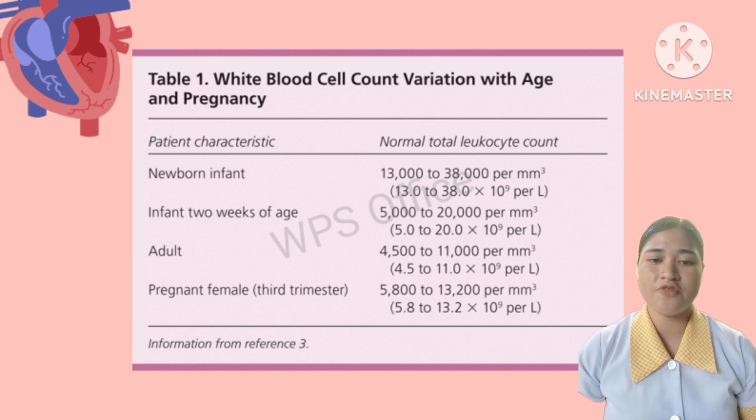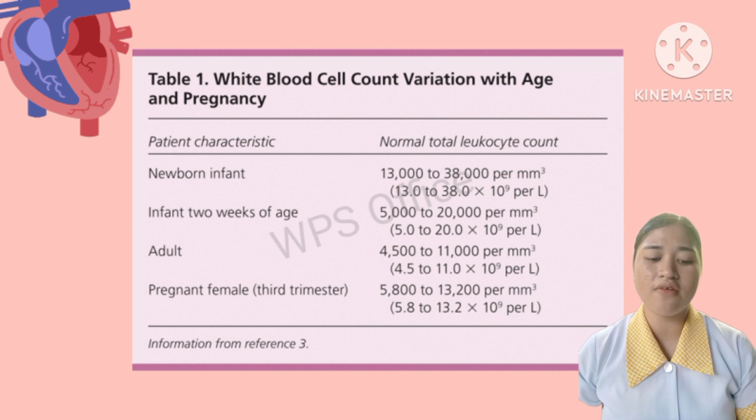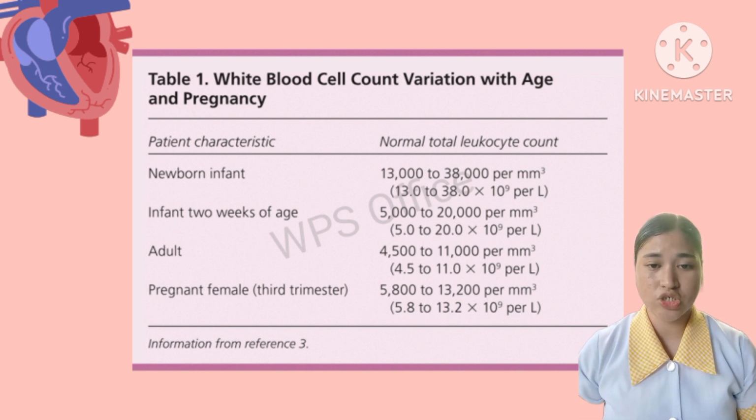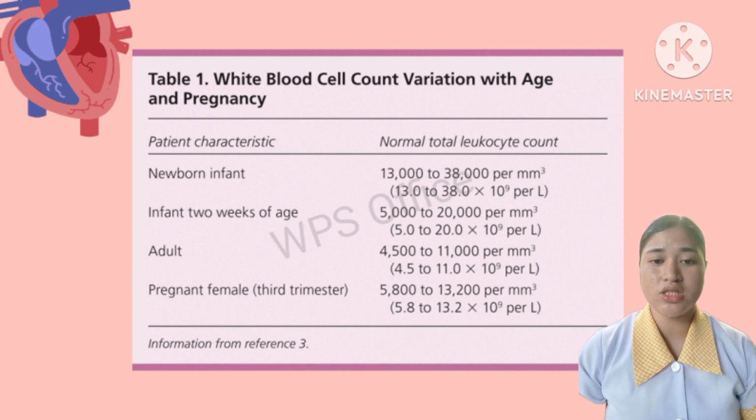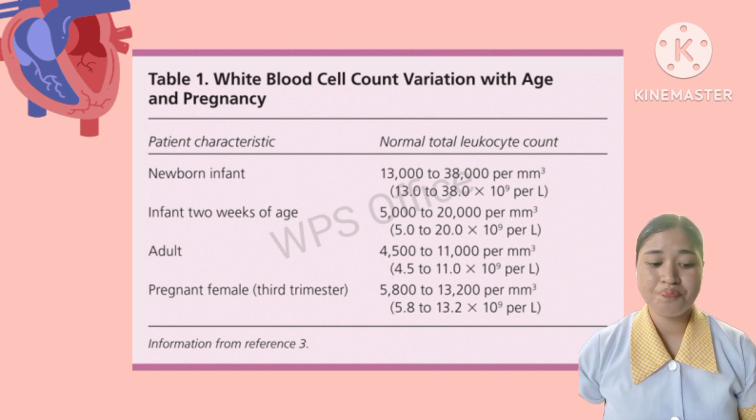In a newborn infant, the normal total leukocyte count is 13,000 to 38,000 per cubic millimeter. Why? Because newborns tend to have higher WBC due to physiological stress, exposure to a new environment, and response to potential infections. However, in an infant of 2 weeks of age, it is 5,000 to 20,000 per cubic millimeter.